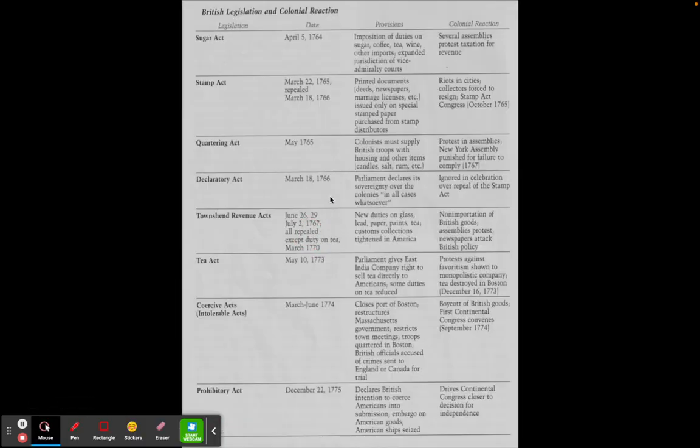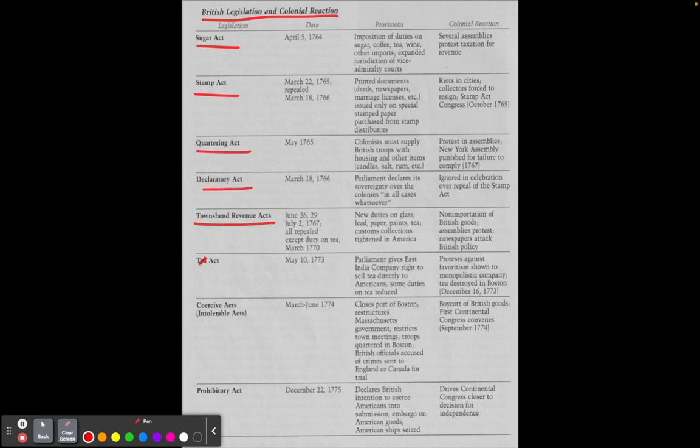And then on the last couple of slides, I've included some visuals that should be helpful to you. This here gives you a summary of British legislation and colonial reactions: Sugar Act, Stamp Act, the Quartering Act, Declaratory Act, Townshend Revenue Acts, the Tea Act, the Coercive Acts, also known as the Intolerable Acts, the Prohibitory Act, when it went into effect, and the provisions, what it basically dictated or what was going to happen.